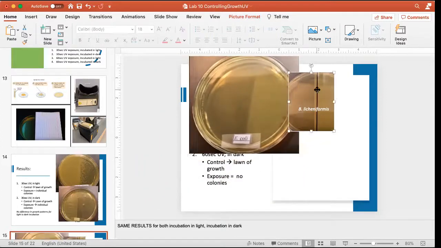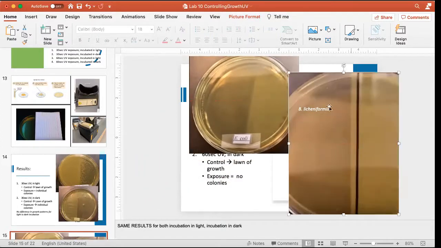All the cells for both organisms, all the cells that got exposed to ultraviolet light for 60 seconds died. None of those cells were successfully repaired. The damage was just too great. And again, that's pretty amazing if you think about it. 60 seconds, 1 minute of exposure killed all those bacterial cells.